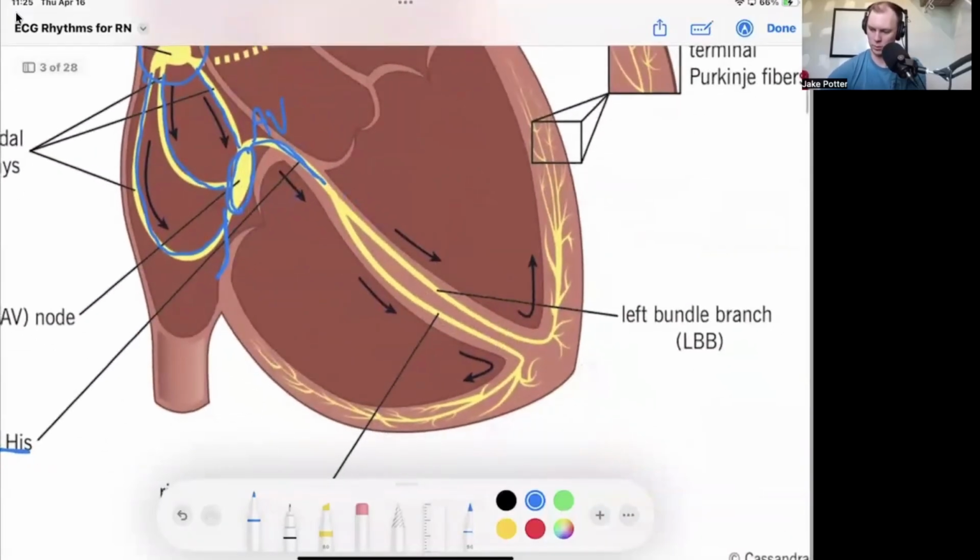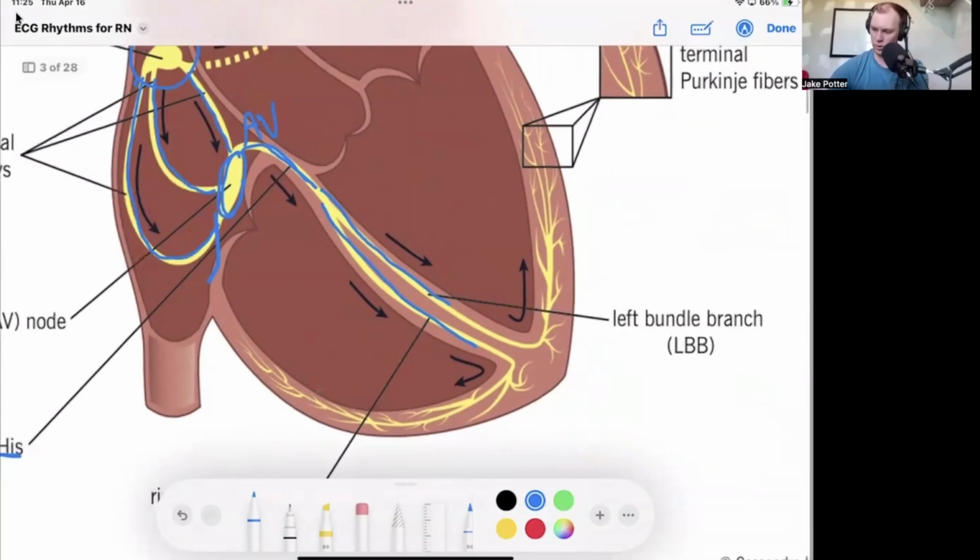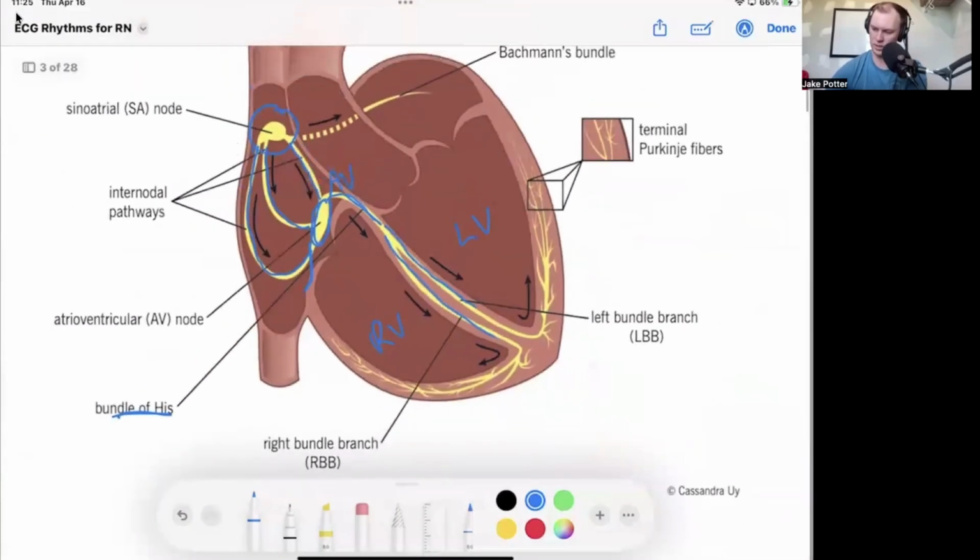Then you have your bundle branches, your left bundle branch and your right bundle branch. You can tell which one is which by which ventricle it goes down, your LV, left ventricle, and your RV. So you can distinguish which bundle branch you're going down, even if you don't have the labels, by seeing which ventricle the pathway is going down.